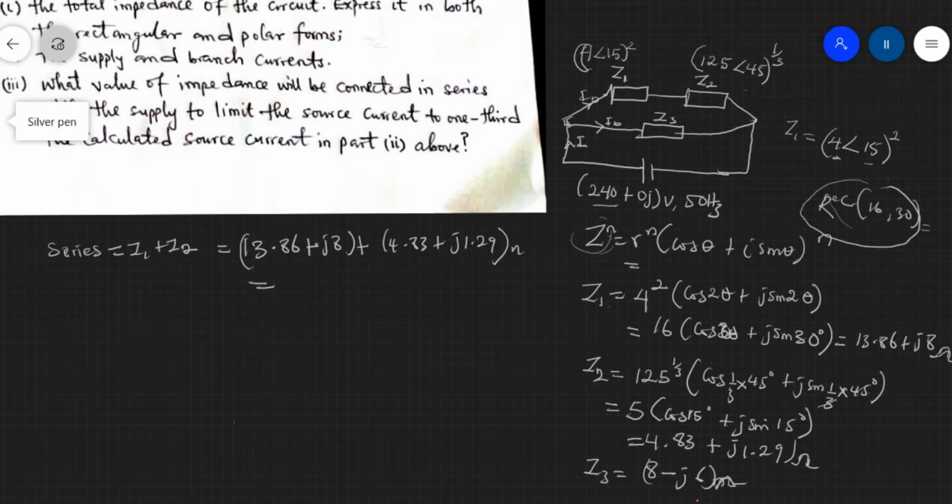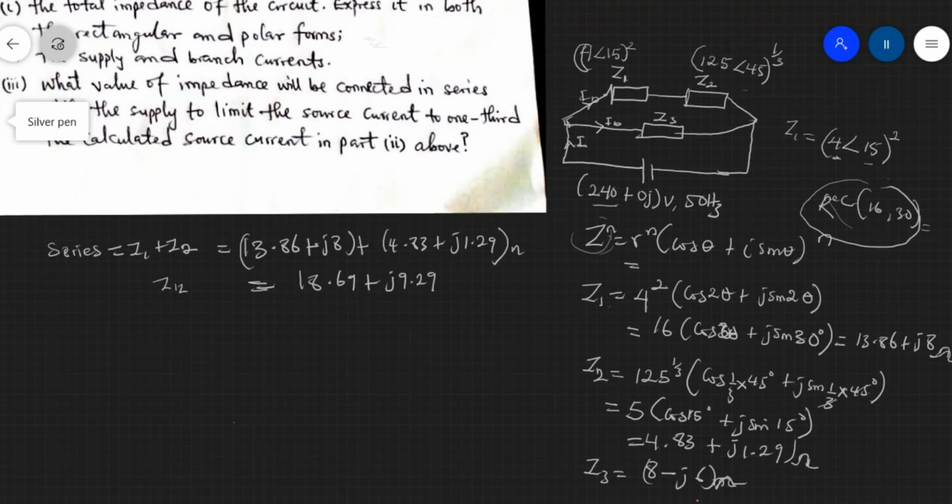If you add these two together using your calculator, normally what I do to make life easy is switch the calculator to complex mode. That's pretty simple. So the Z12 combination is going to be 18.69 plus j9.29 ohms.